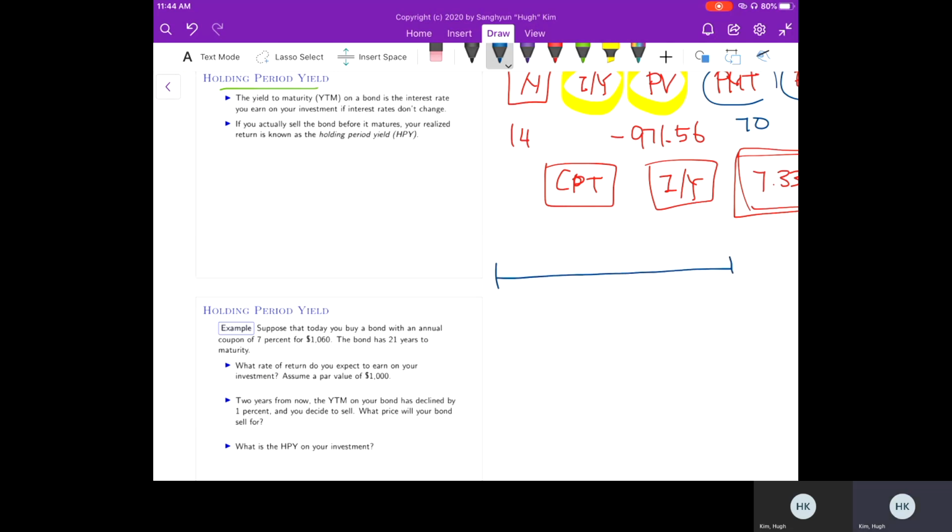It makes an annual coupon of $70 for the next 21 years. So the question is, what rate of return do you expect to earn on your investment? This is asking, what is yield to maturity?